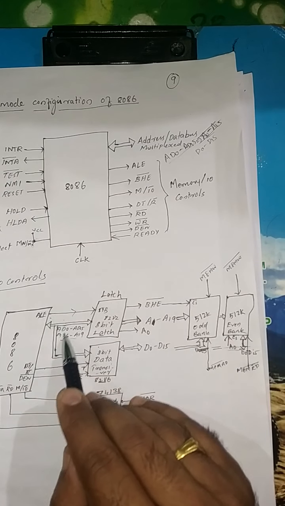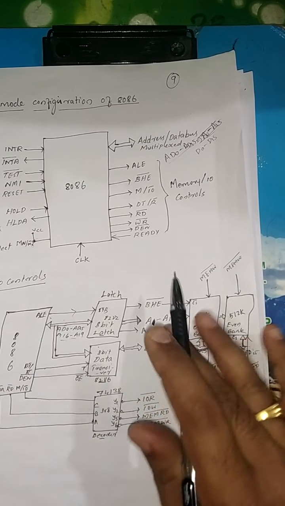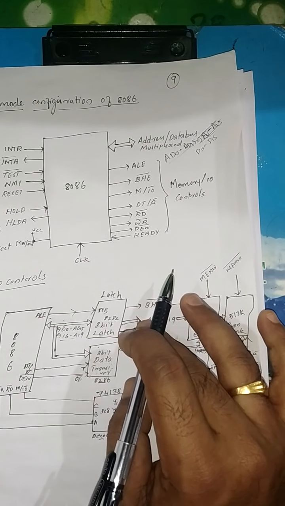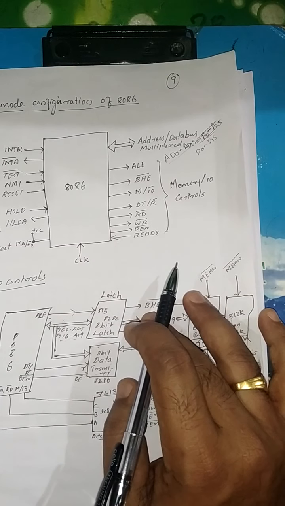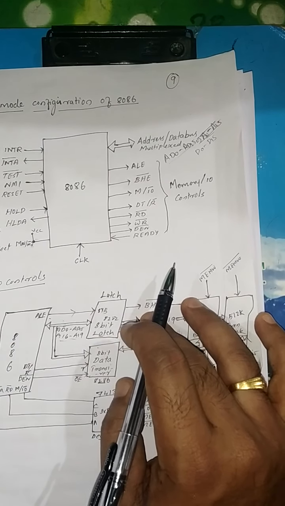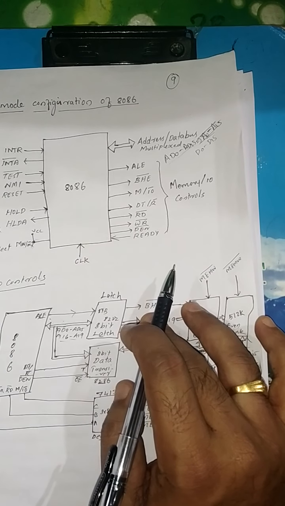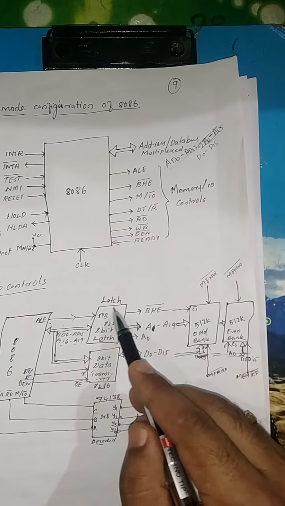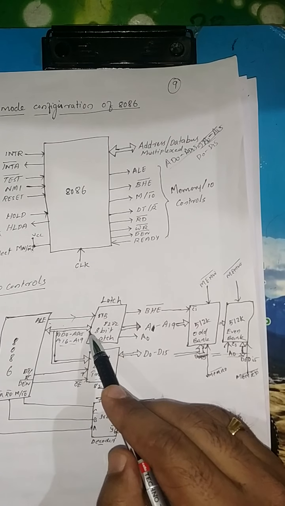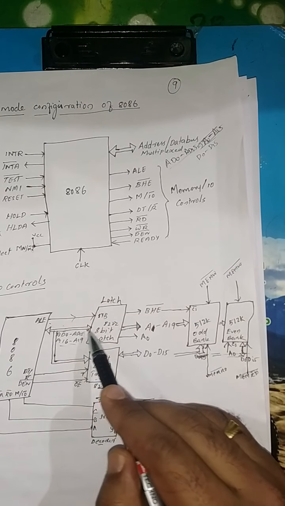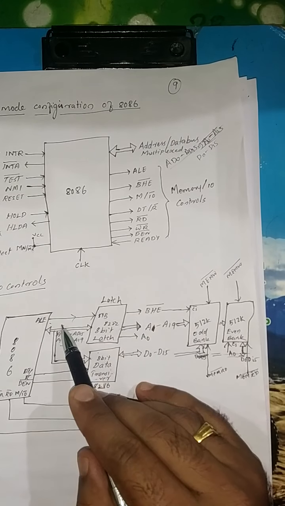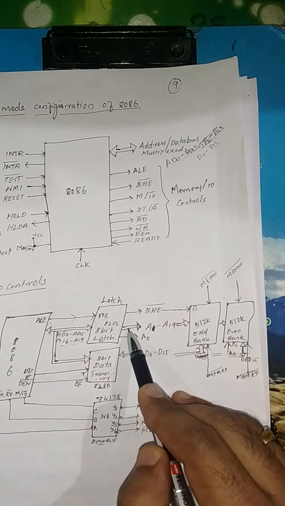Even if you change the data at this place, the change will not happen at the latch, because the address latch enable signal will be there for only the T1 clock cycle. I will tell you once again, there is a latch here. This latch is for latching the address, because our address and data bus is multiplexed.